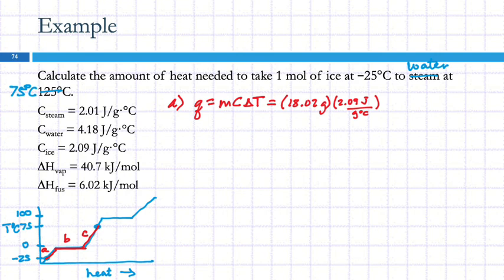And then we need the change in temperature. So it's coming from negative 25 up to 0. Delta T is the final minus the initial. So this is 0 degrees Celsius minus negative 25 degrees Celsius. So we can calculate that, and we get 941.5 joules.